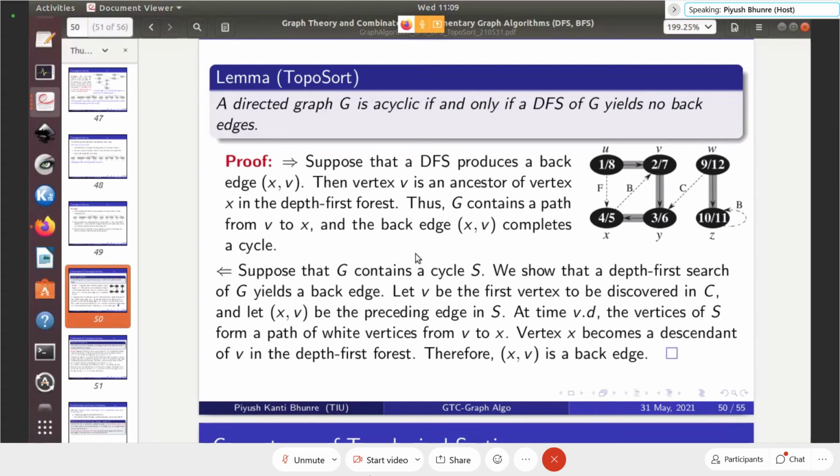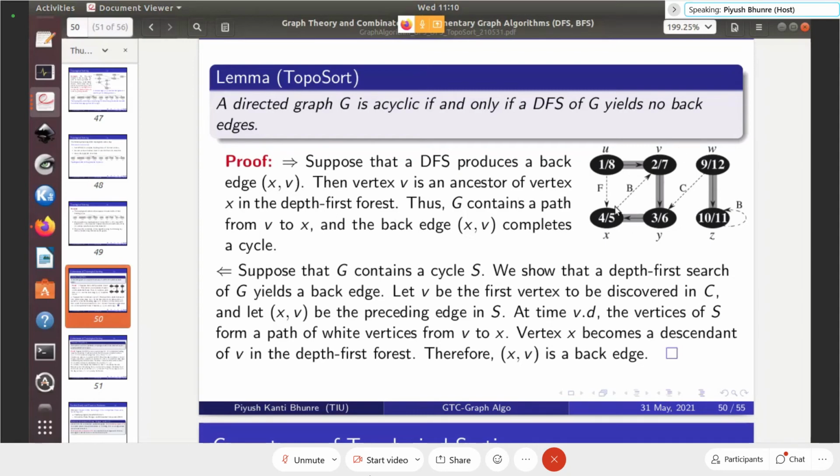So suppose DFS produces a back edge (x, v) as shown in the figure. Then v is an ancestor of the vertex x.